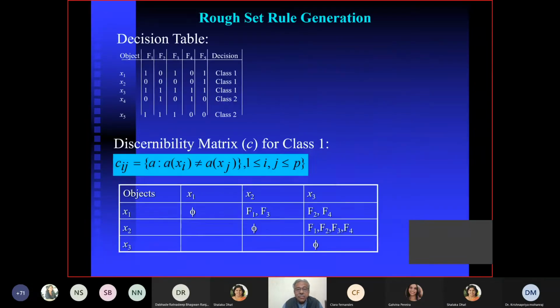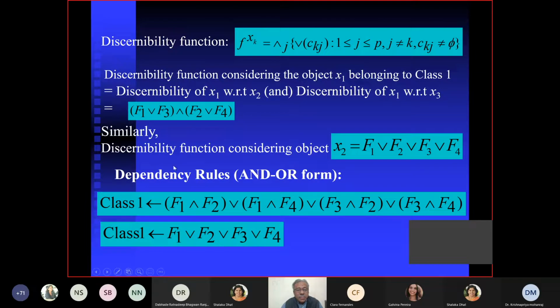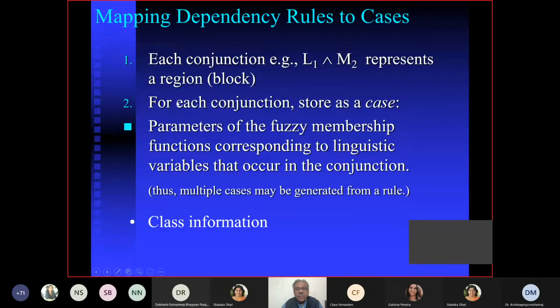Rough case generation, I explained the other day: how did I collect these rules? Class 1 is characterized by this conjunction, F1 is this and this, or this. That means a class is represented by so many regions, and each conjunction represents a region.